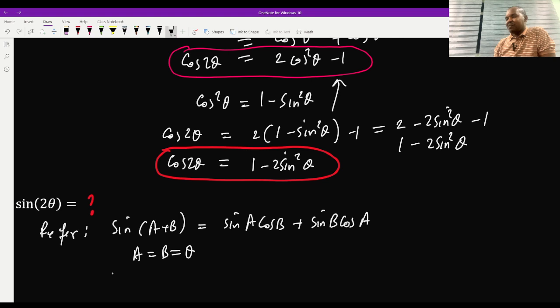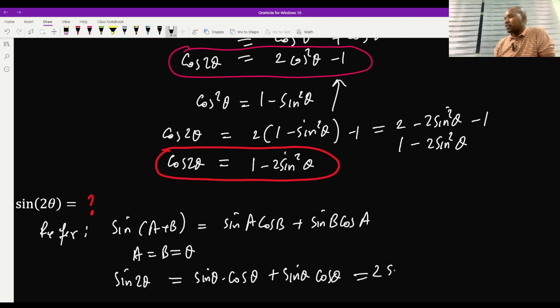So that is the special case, sine 2 theta will be equal to sine theta cosine theta plus sine theta again cosine theta, which will be equal to 2 sine theta cosine theta.